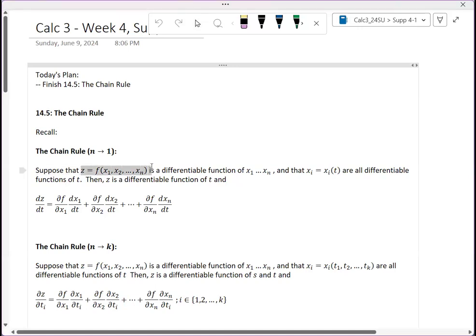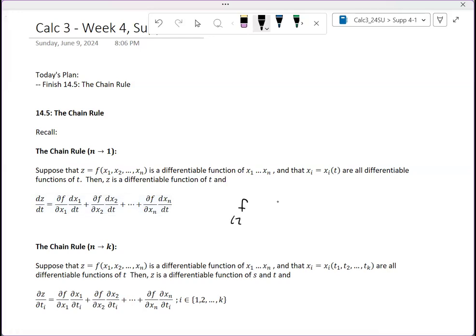So suppose that z is a function of x1 through xn, where the xi's are functions of only t. So here we have our schematic. We have f, or z, depends directly on x1 through xn.